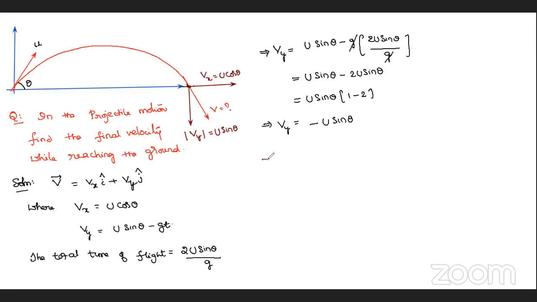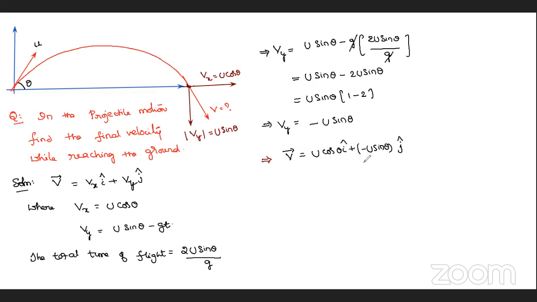Finally we write the final velocity V bar equals vx i cap, that is u cos theta i cap, plus vy, which is minus u sine theta, into j cap.